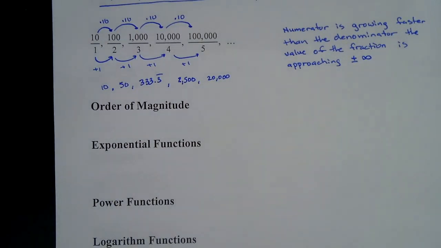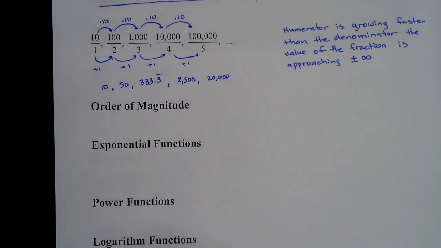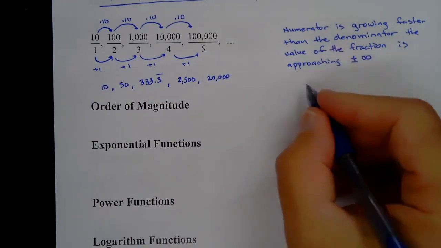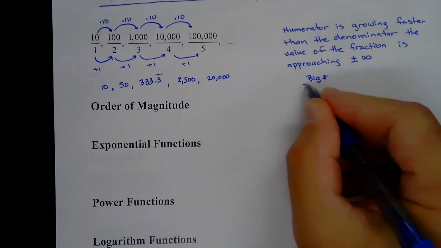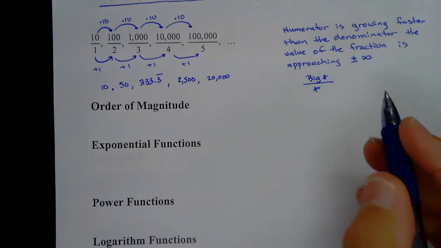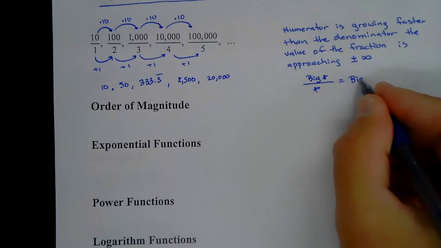It just depends on the signs of the numbers. But they're getting big, either in a positive way or in a negative way. So if we take a big number divided by some number, then we're still going to wind up with a big number.